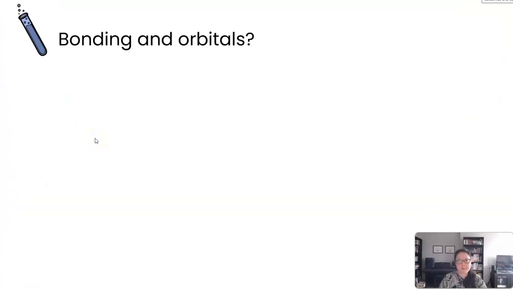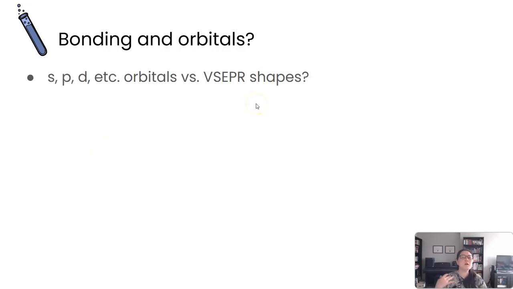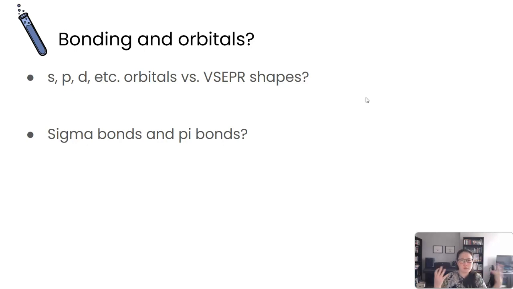Throughout the lessons, learning about the orbitals and their shapes, then learning about VSEPR shapes, and also when you were learning about sigma bonds and pi bonds, you might have been asking yourself, how do all of these things relate to each other? Because you have these VSEPR shapes, where you have your central atom and then your terminal atoms, and these shapes are always consistent depending on how many electron domains you have.